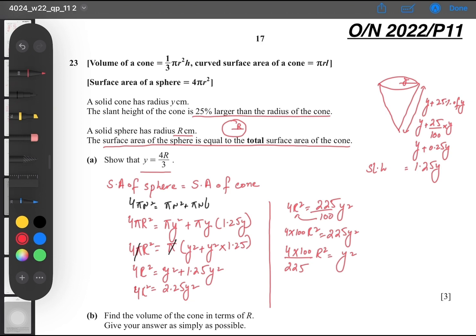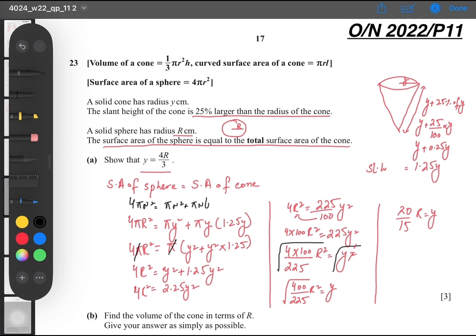So I'll take the square root on both sides. This is 400 over 225 r square is equal to y square, so the square root gives y. After that, this is 20 over 15 r is equal to y.